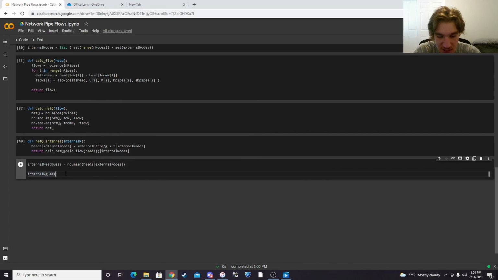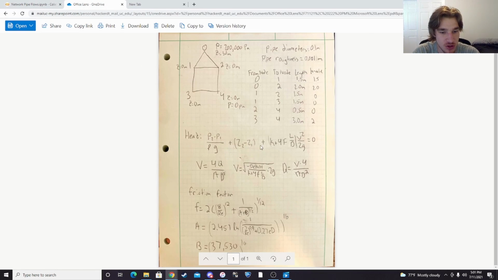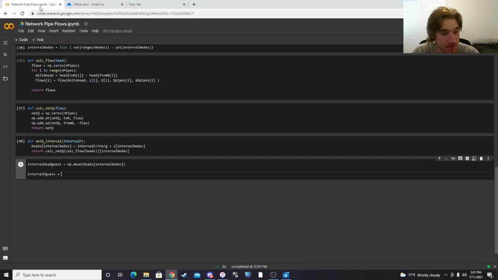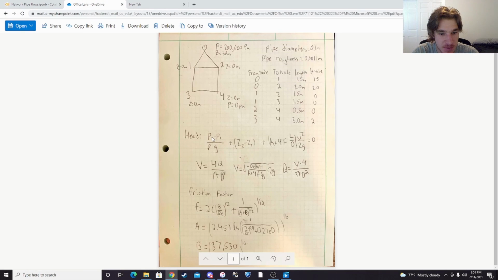So this is going to be equal to, if we look back at our OneDrive, our copy right here, we can see that we want just the pressure, so we just want this part.